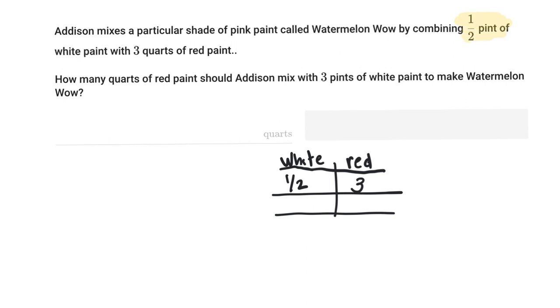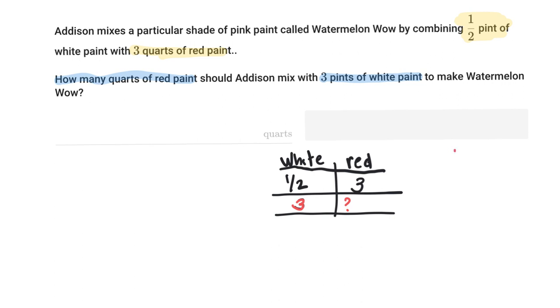We have half a pint of white and 3 quarts of red. Okay, the next thing says, how many quarts of red should we mix with 3 pints of white? So I'm going to put those pieces in the table. We have 3 pints of white and we're trying to figure out how much red we need.